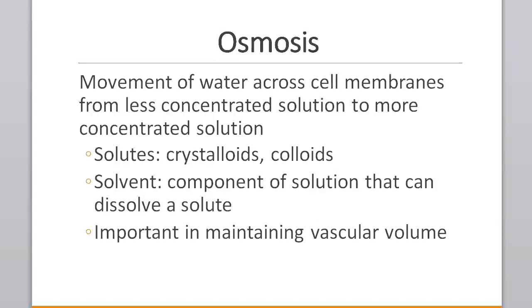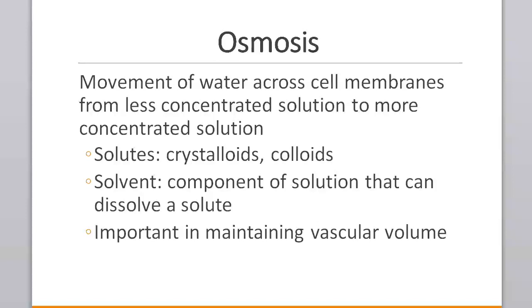So osmosis, it's the movement of water across cell membranes from less concentrated solutions to more concentrated. And we talk about solutes like crystalloids and colloids because you're going to be taking care of patients who are going to have those types of solutions ordered. And what do we mean by crystalloids? That might be an IV solution, okay?